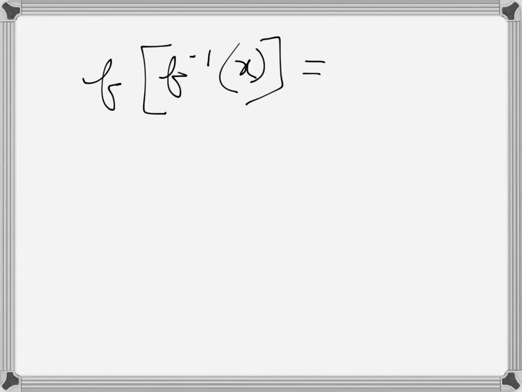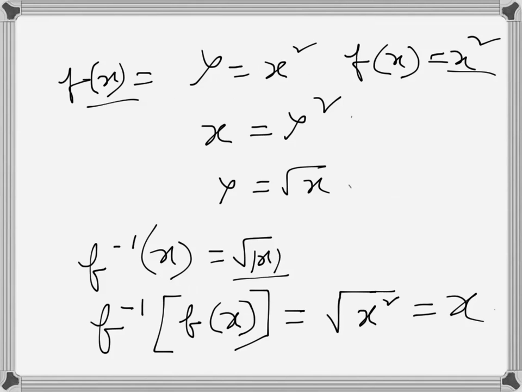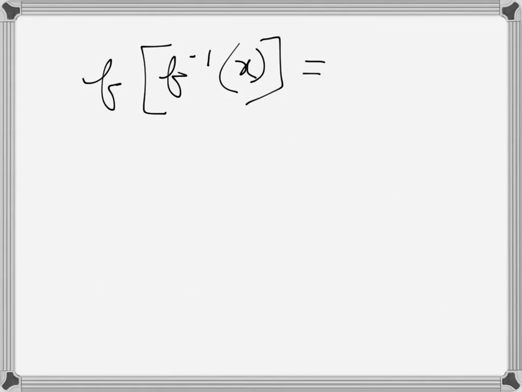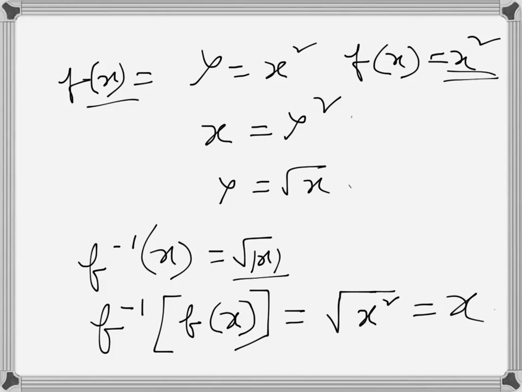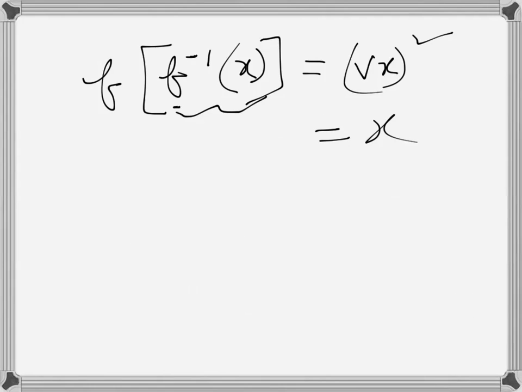Similarly, if I want to write f(f⁻¹(x)), the function of x is x squared, that's fine, but this is not x here, this is the function of inverse x, which is actually the square root of x, so it is the square root of x, squared, and that is x. So basically that's how it is.